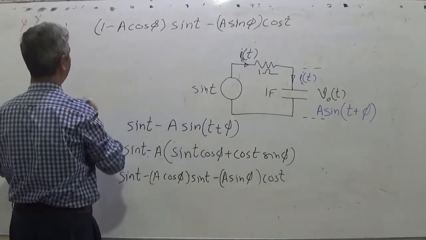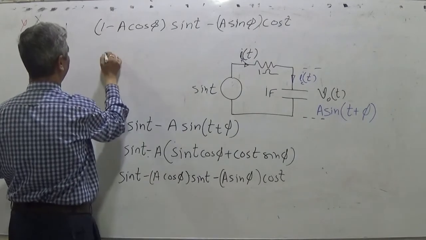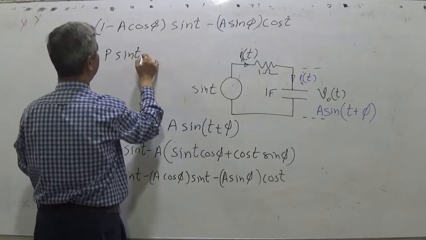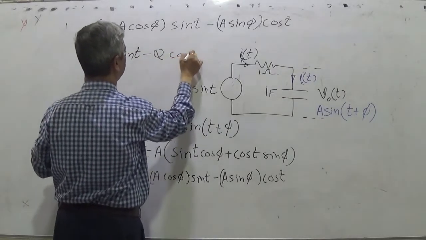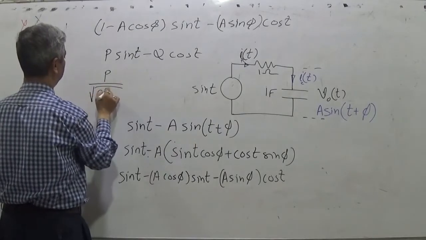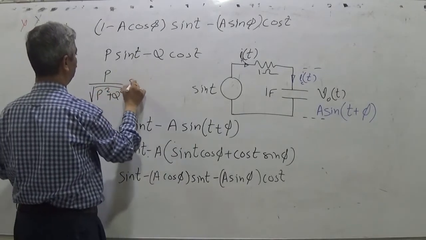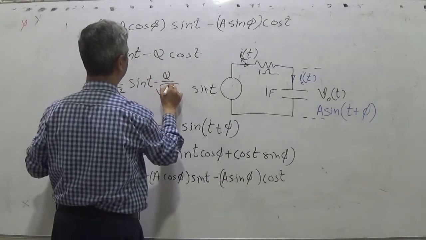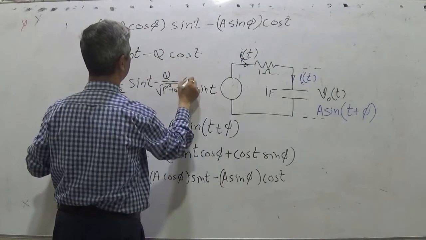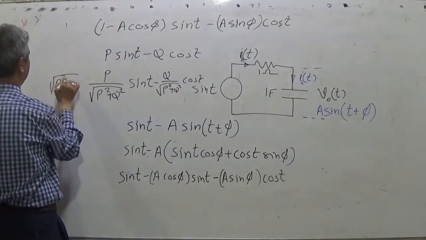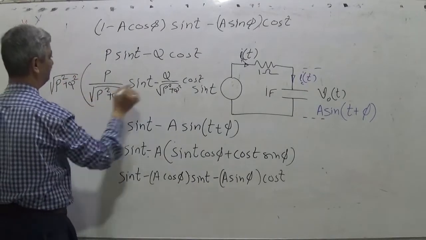So this I can write as p sin t minus q cos t. Then I can write this as p upon under root p square plus q square sin t minus q upon under root p square plus q square cos t, whole multiplied by under root p square plus q square.